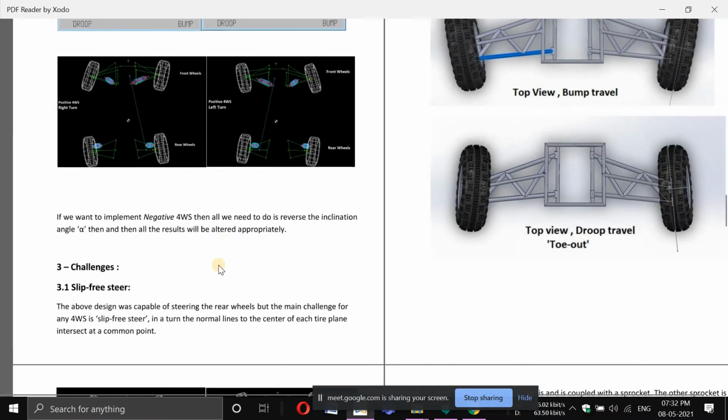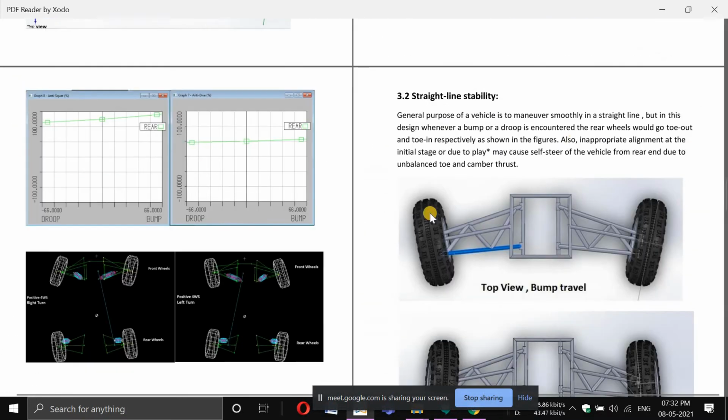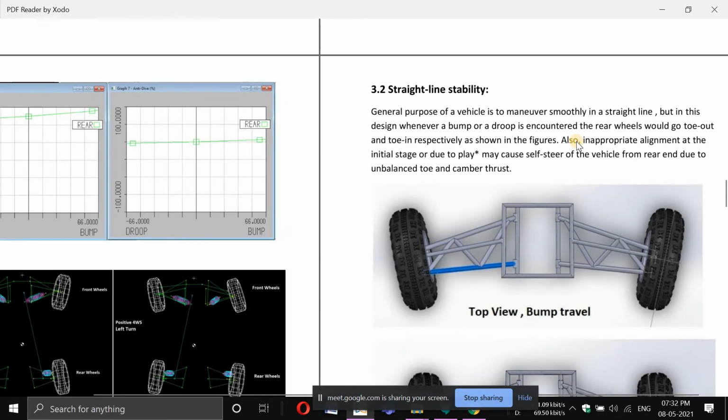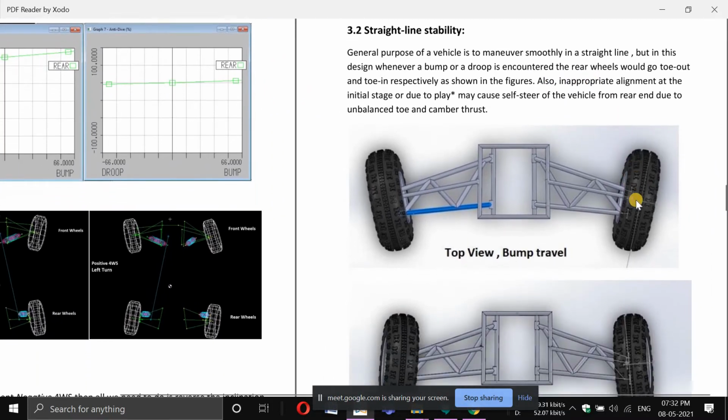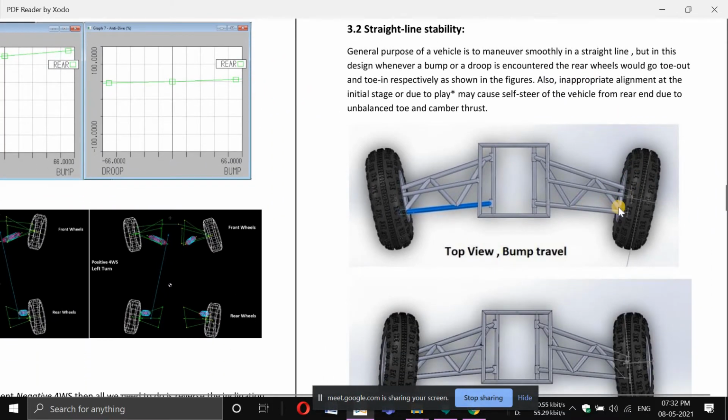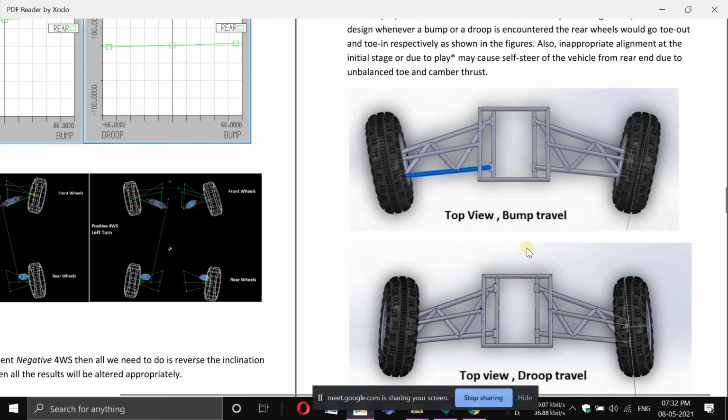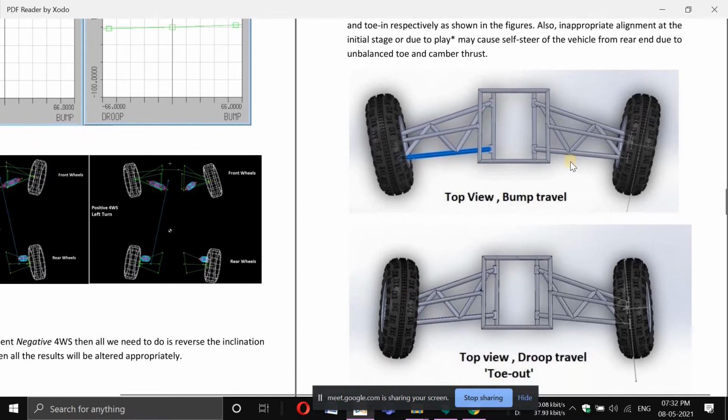Slip-free steer was the issue, and next was straight line stability. So, sir, when the right wheel went up, the tire went outwards, toe out occurred in the right tire, and the left wheel went down and toe in was obtained in the left wheel.